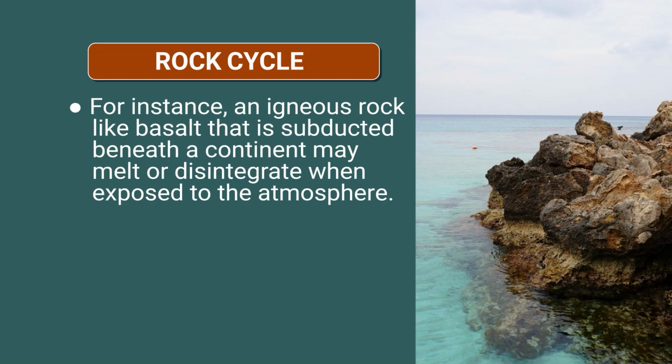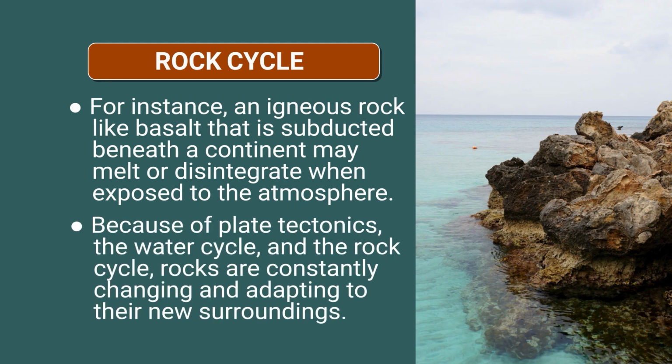Now for example, an igneous rock like basalt that is subducted beneath a continent may melt, or if it is exposed in the atmosphere, it will be disintegrated because of that. Because of plate tectonics, water cycle, rock cycle, the rocks are constantly changing and adapting to their new surroundings.